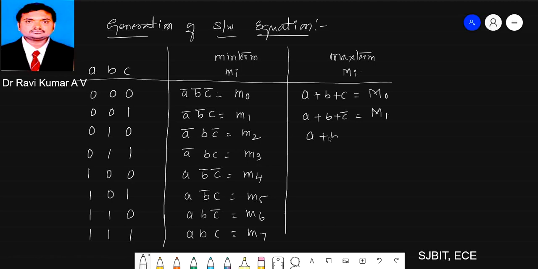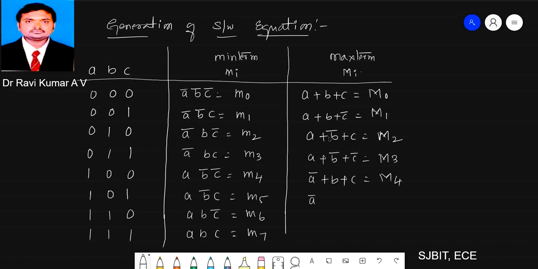A plus B bar plus C, that is M2. Next A plus B bar plus C bar, that is M3. Then A bar plus B plus C, that is M4.